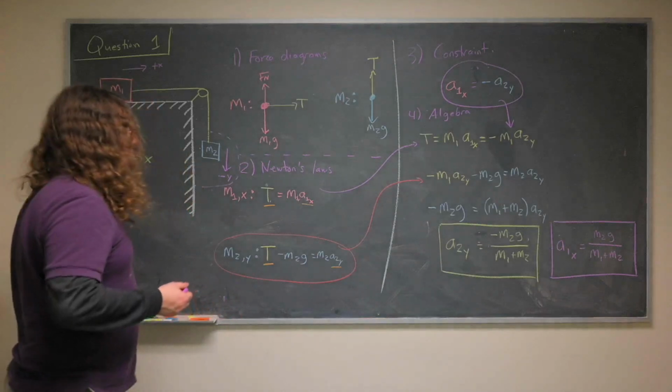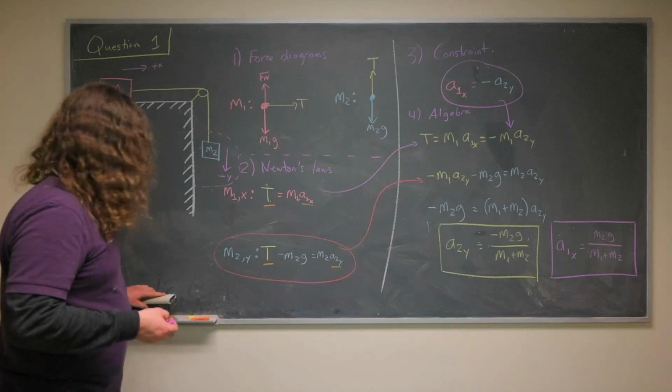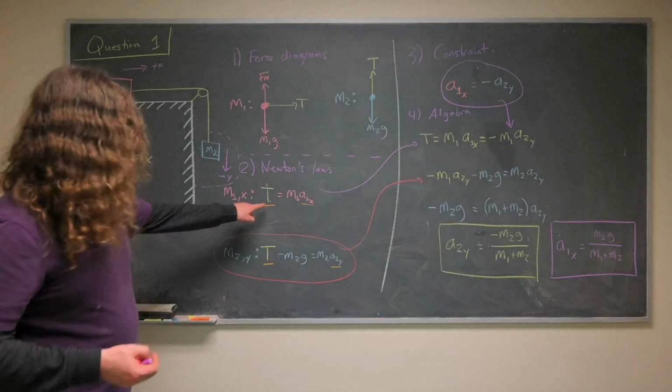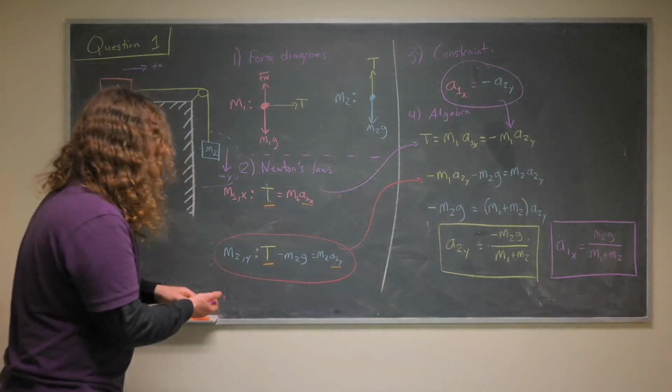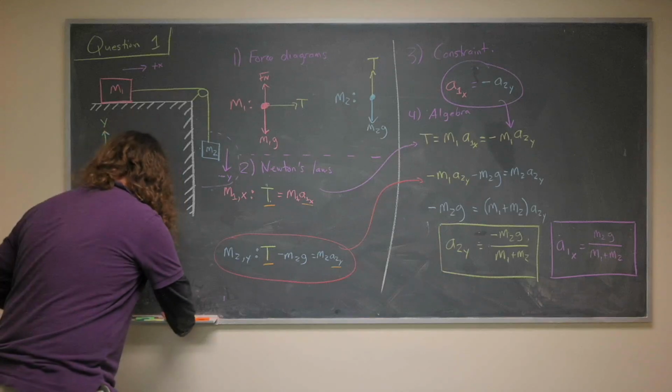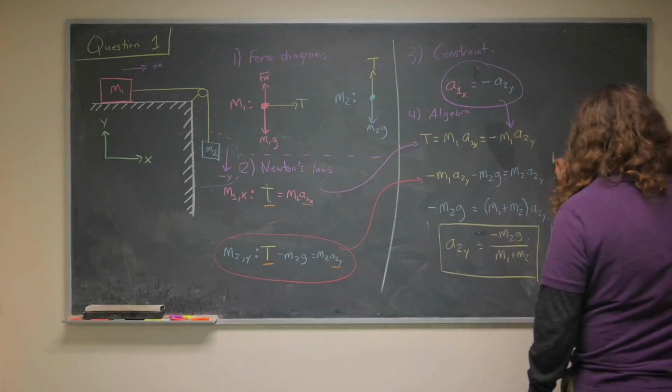So now I've got those results. Now I need to go back and find the tension. I know the tension is just a1x multiplied by m1. So we'll put this here.